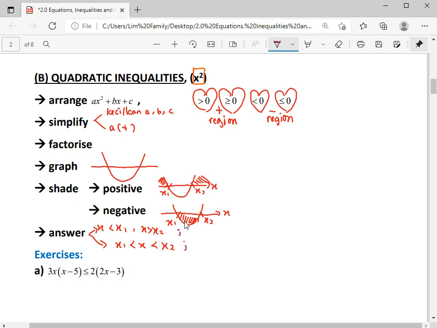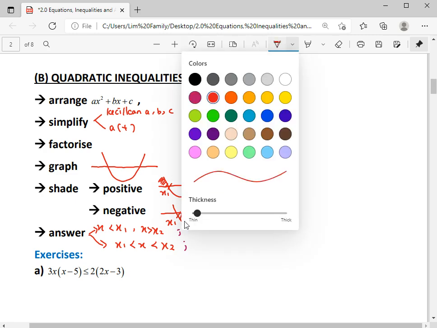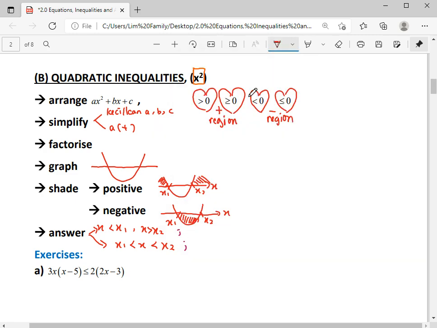So if the question has equal, kalau awak punya soalan ada equal, we just follow through only. So let's say if equal, how? This is our x region, so your x will be less than or equal to x1. And then this is our x region, your x at the right hand side means x is greater than or equal to x2.